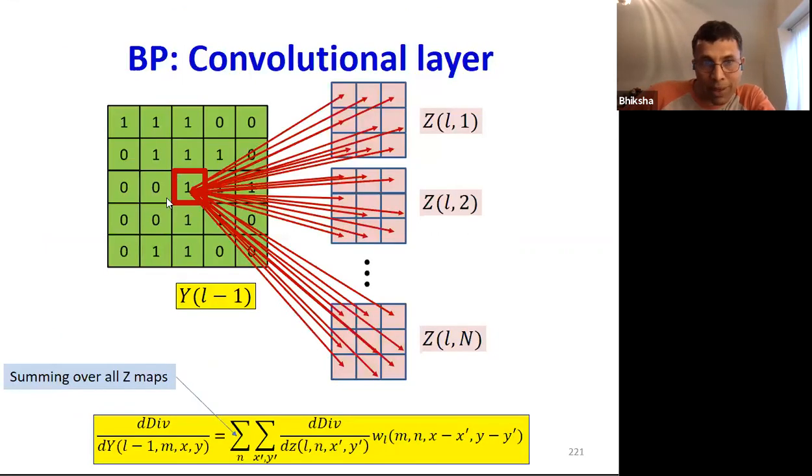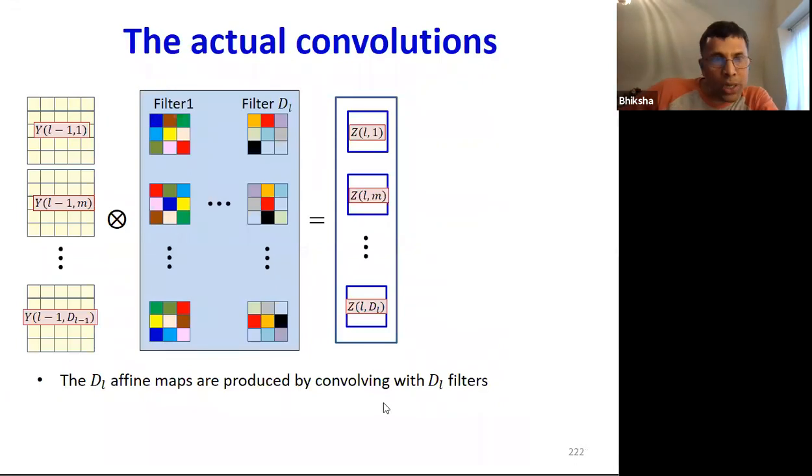But then again, remember that you have to consider all of the affine maps in the lth layer. It's not sufficient to consider just one. So what you will do is this, and this is where it gets really interesting. To compute the derivative contribution of, say, the first affine map to the mth activation map, you consider the mth plane of the first filter.